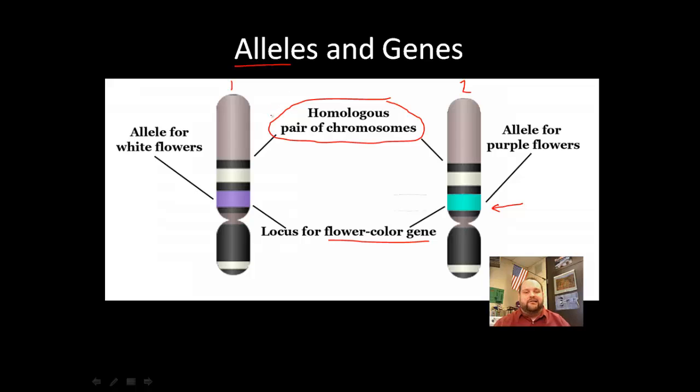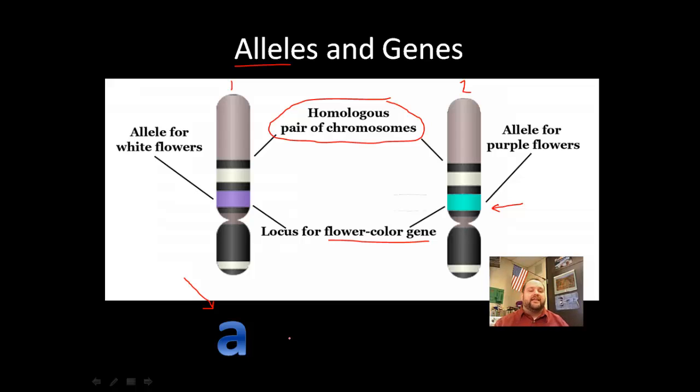And we call that an allele. An allele is just a piece of information for a gene, and there are two alleles, found on each of the two chromosomes. This allele over here, if we look at this, white flowers in pea plants ends up being recessive. So if we were writing this, our shorthand for that allele is a lowercase letter. It doesn't matter what letter we use. If I use an A or a V or a T, it doesn't really matter.